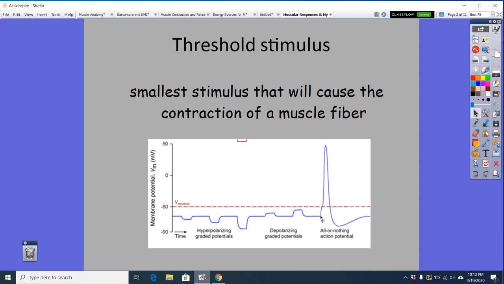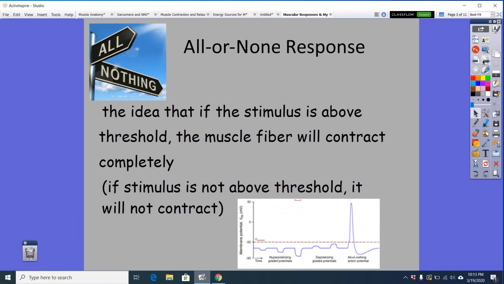But here, this peak on the graph represents the potential across the sarcolemma. And when you get past this red dotted line, you do contract, and that muscle fiber will contract. And this is an all or nothing response. Once you tip the domino down and that domino effect spreads down the sarcolemma, that muscle fiber will contract.